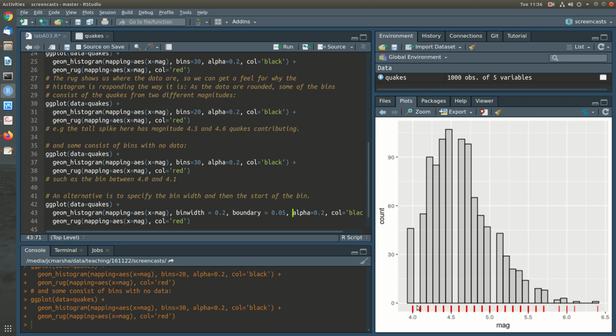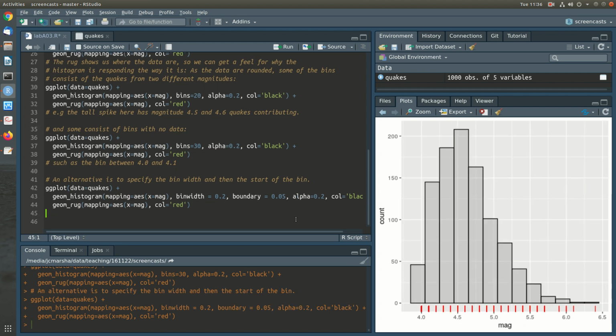So like 4.05 would be halfway in between the two data points. And when we do that, every bin now contains 2 data points, except the first because we're at the end, right? Contains at least 2 values, and so we get a nice smooth distribution.